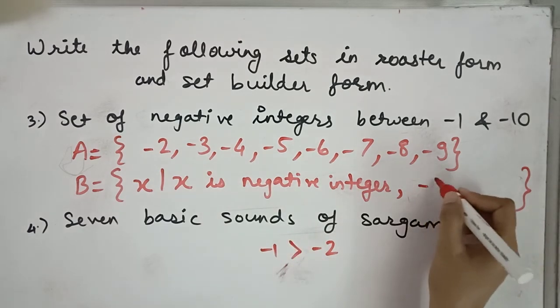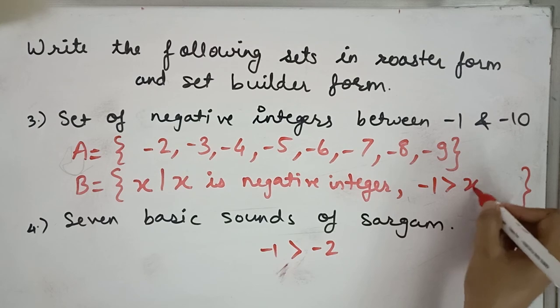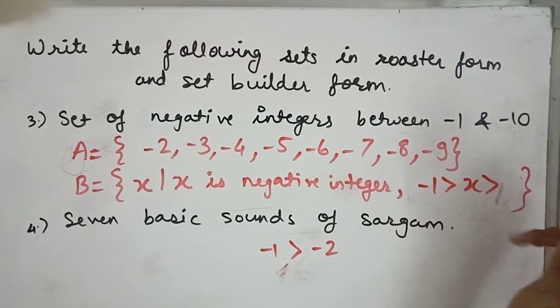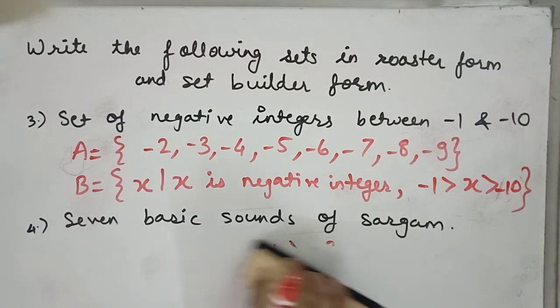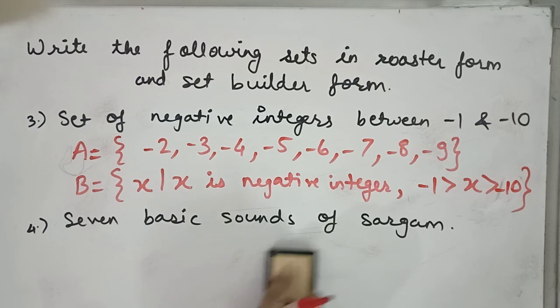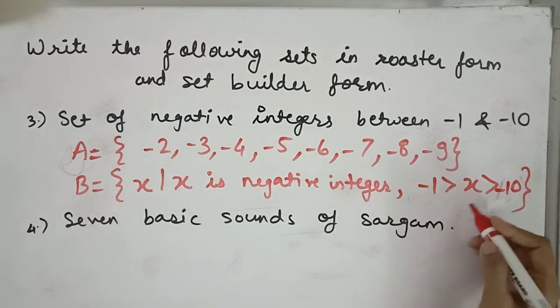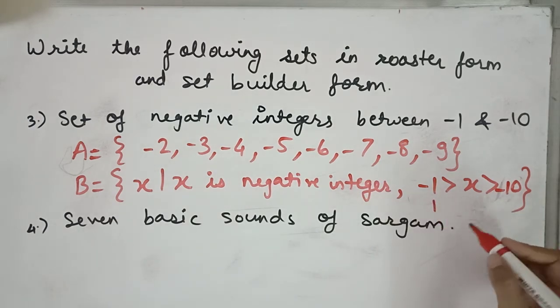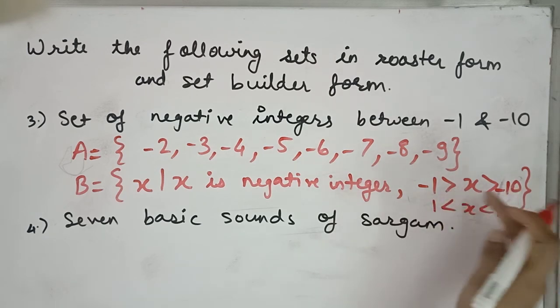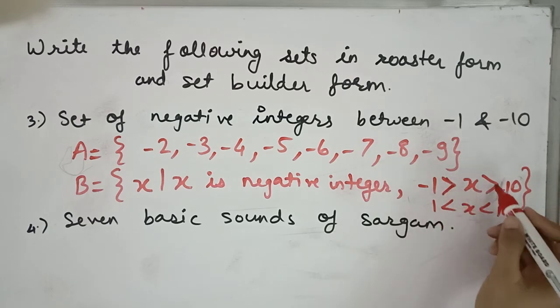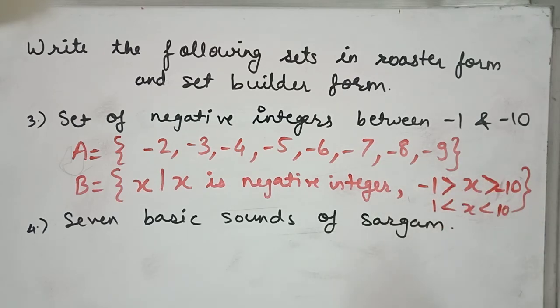So you have to mention -1 is greater than x is greater than -10, or you can represent it as 1 is less than x is less than 10. If you are using the negative sign, you have to change the direction of the arrow.